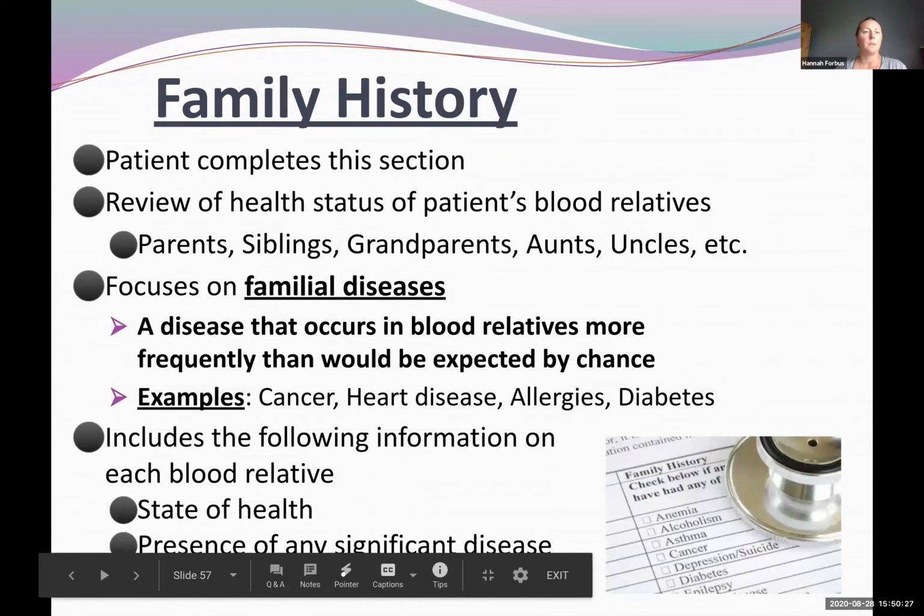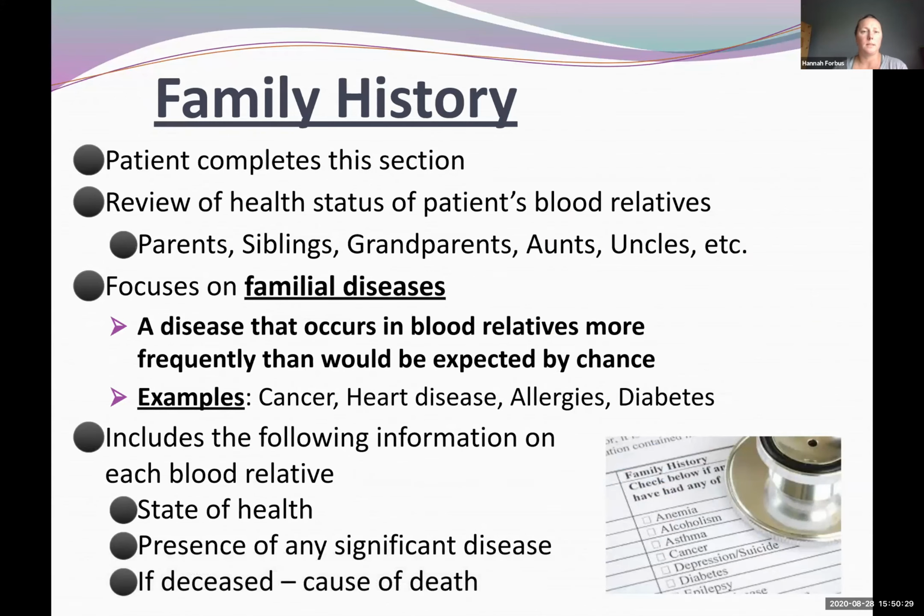Family history. Typically the patient would complete this section, or they could verbally tell the medical assistant or the provider. And this is a review of the health status of the patient's blood relatives. So parents, siblings, grandparents, aunts, uncles. This focuses on familial diseases, which is a disease that occurs in blood relatives more frequently than would be expected by chance.